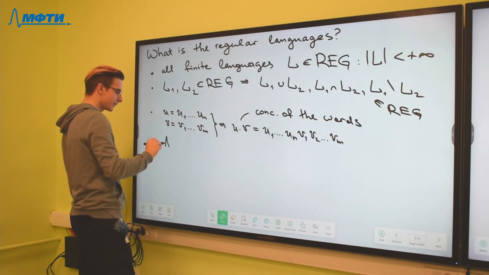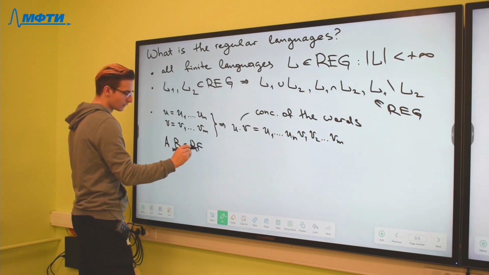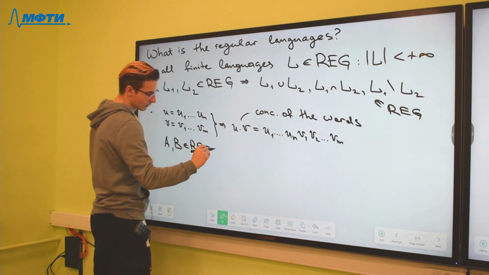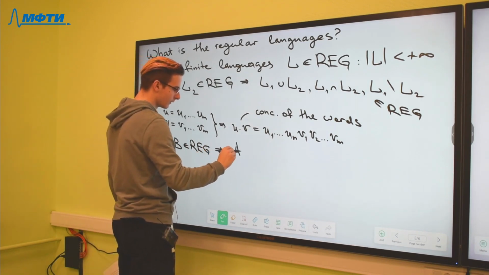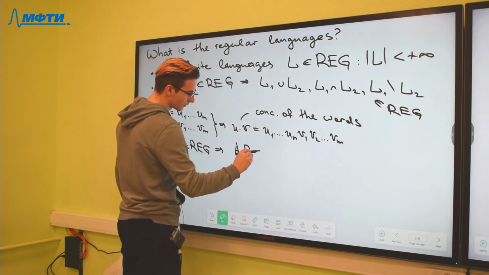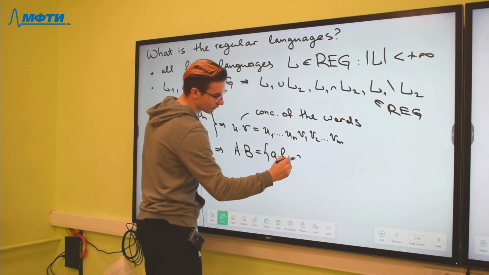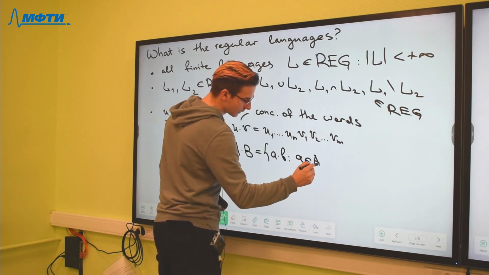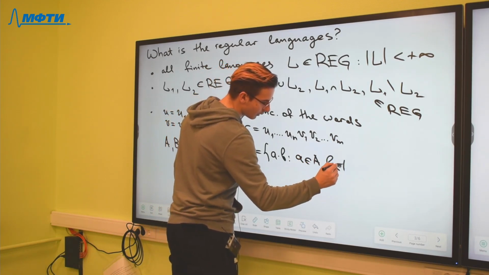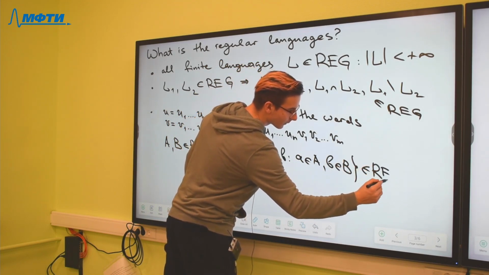So if we have two regular languages, then we say that the concatenation of the words from the first language and from the second is also in the regular languages.